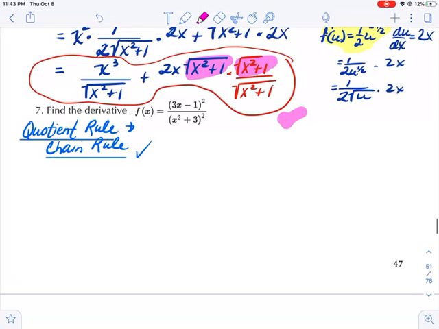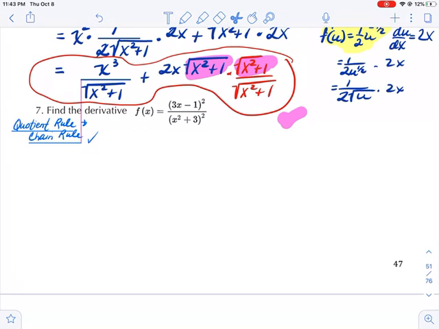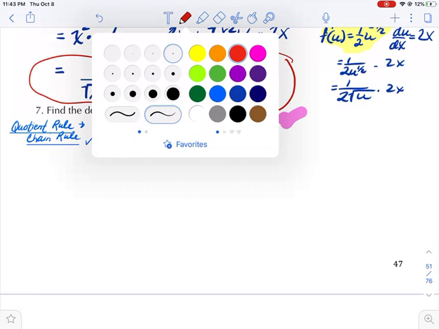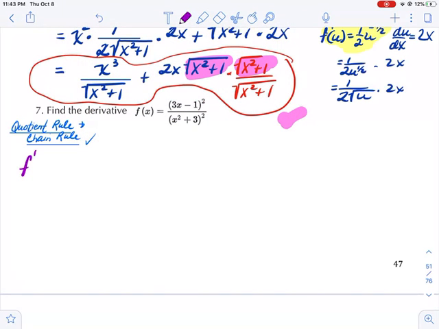So here, let's go on to finding the derivative of the next one. I'm going to use the chain rule and the quotient rule. It's a fraction, obviously. So what I'm going to do is set it up: f prime of x is equal to, and I'm going to say this as we're doing it, low d high.